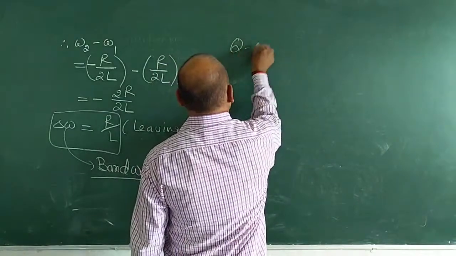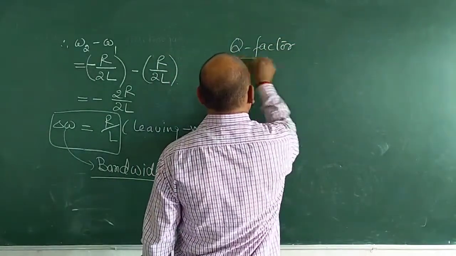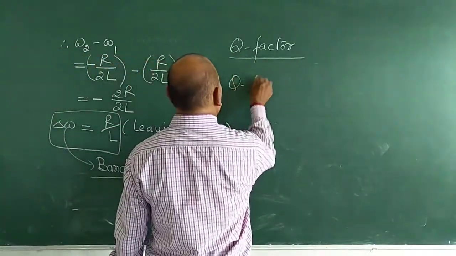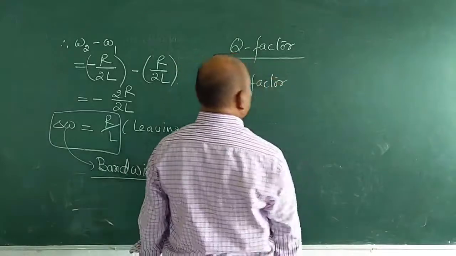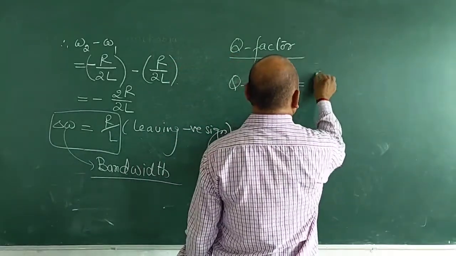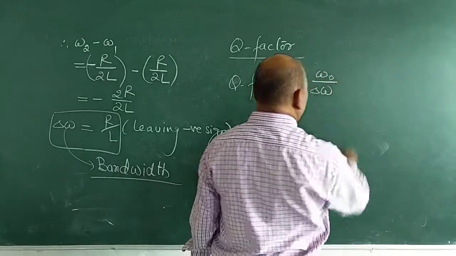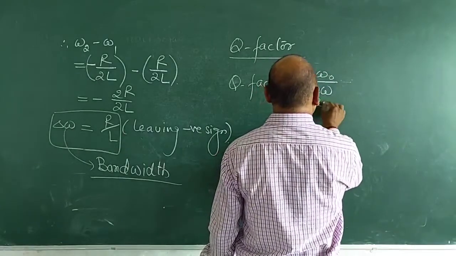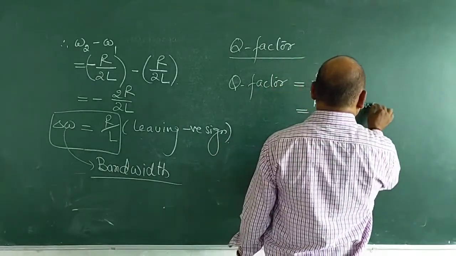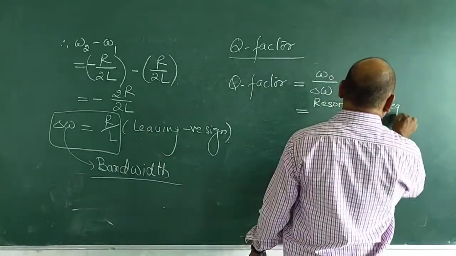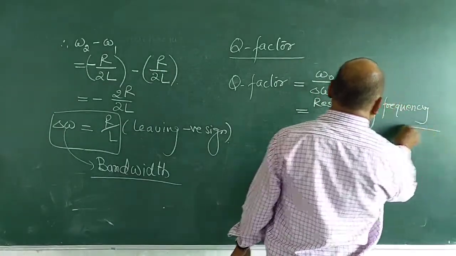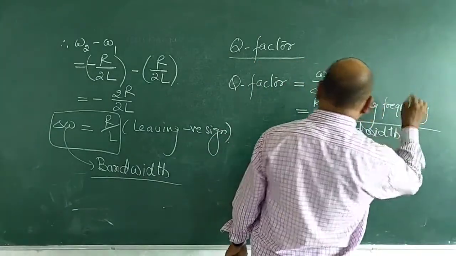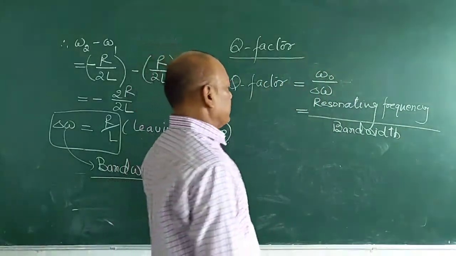Now again, Q factor. What is Q factor? Quality factor is known as omega 0 upon delta omega. This means the resonating frequency divided by bandwidth is called the quality factor.